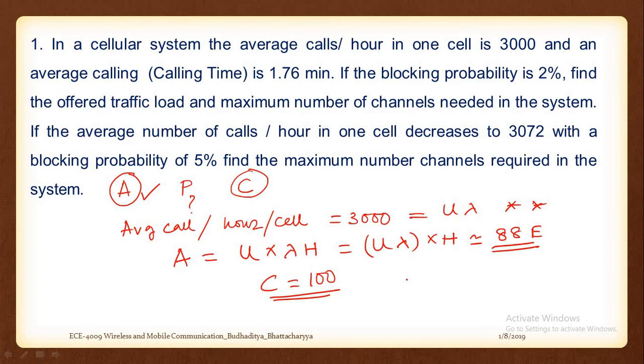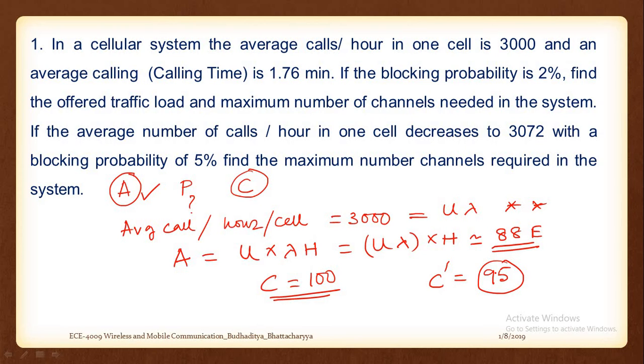In the second case, they are calculating 95 channels. When the number of calls increases to 3072, the channels required is 95, keeping the call blocking probability as 2%.